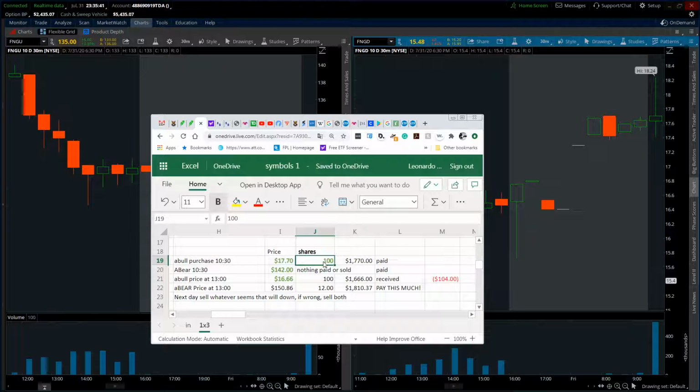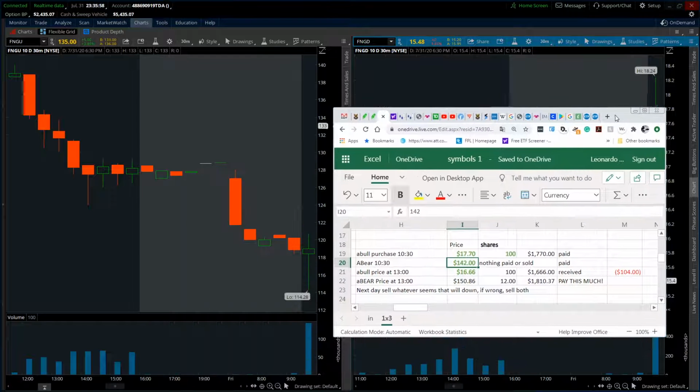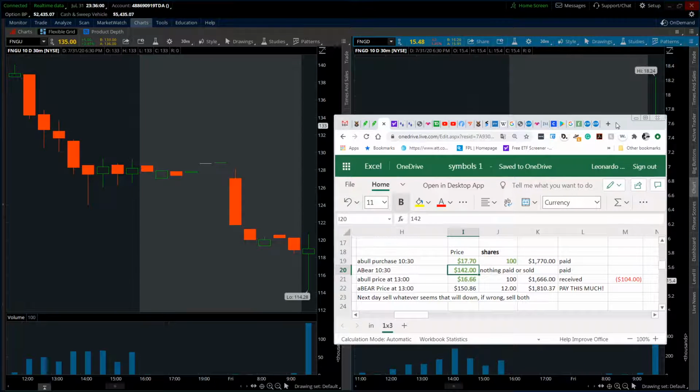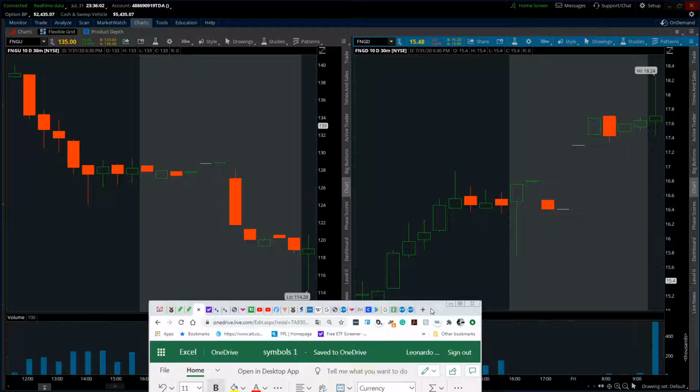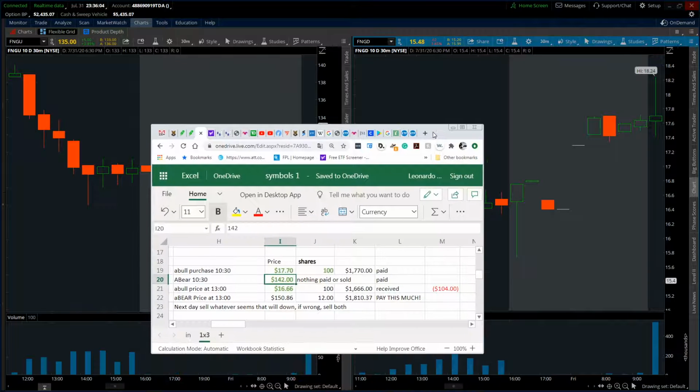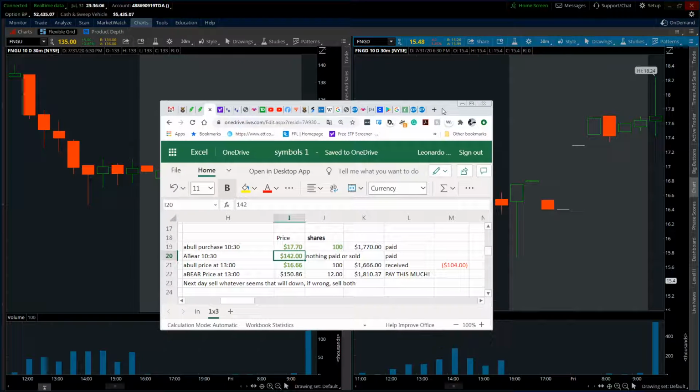Well, you should be making money with the one you sell, right? No, because it went down. The other one loses money. So let's see. What's the price of the other one here? Where if you buy here, what did I say? 1770?